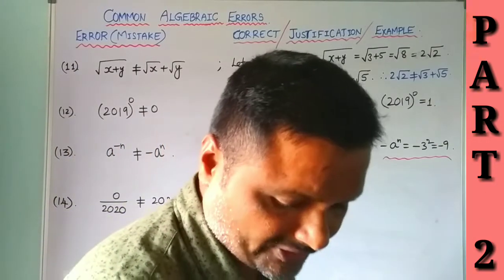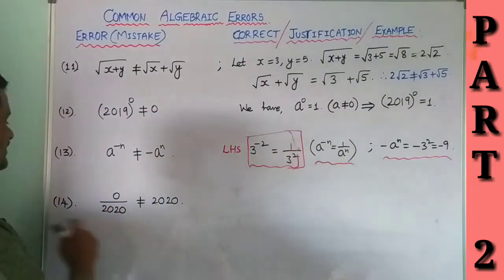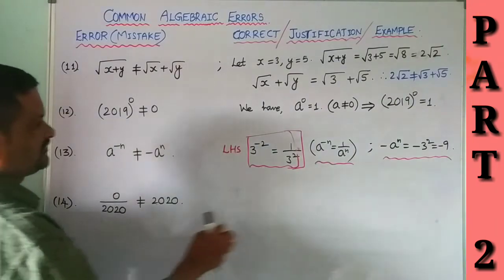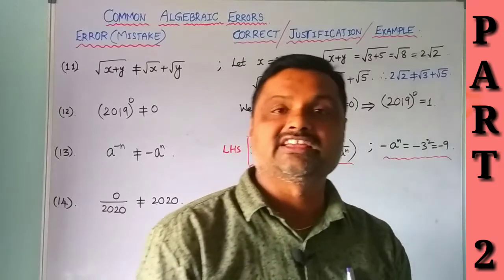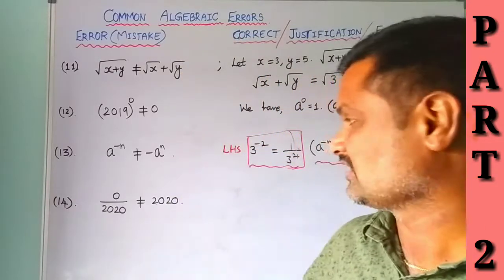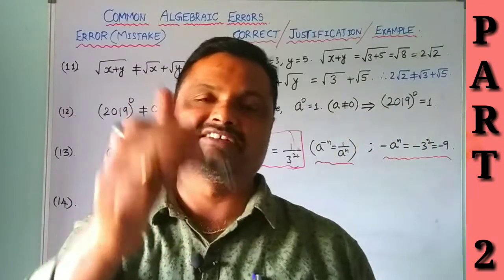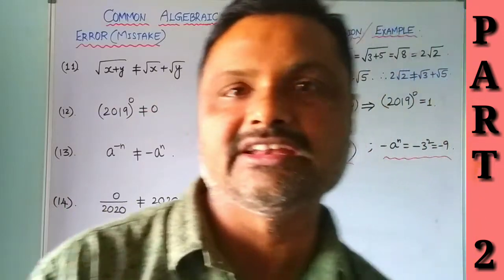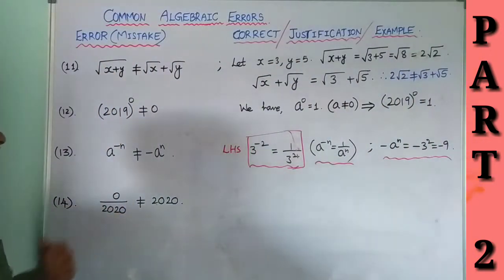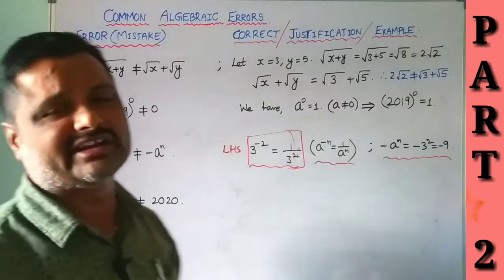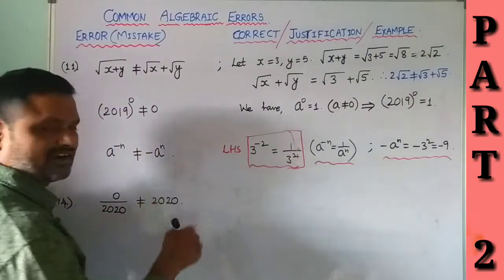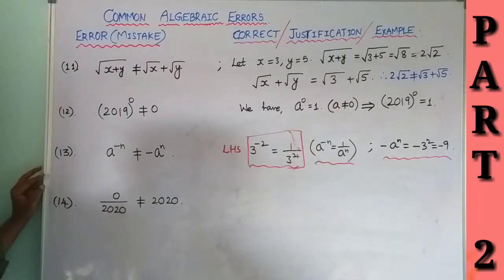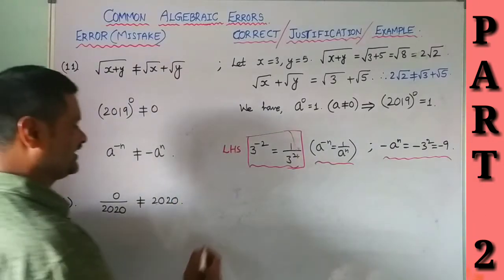Next I am going to consider 0 by 2020. Again here, many of the students make various mistakes. What is the value of 0 by 2020? Many of the students write 2020. Let us go through the reason. What happens if we divide 0 by 2020?